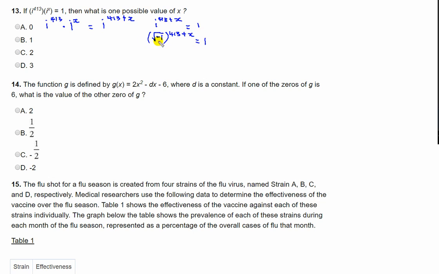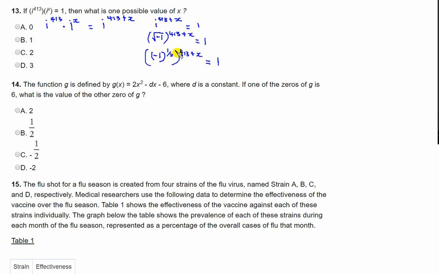Now this can be rewritten as negative 1 to the power of a half times bracket 413 plus x, equal to 1.